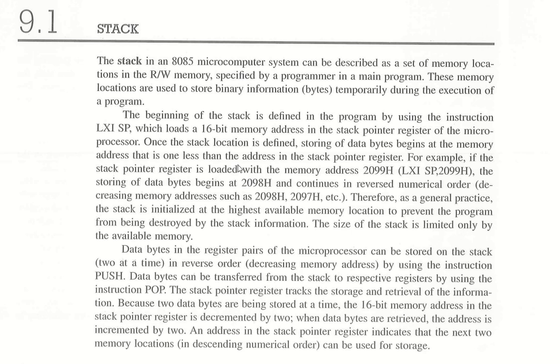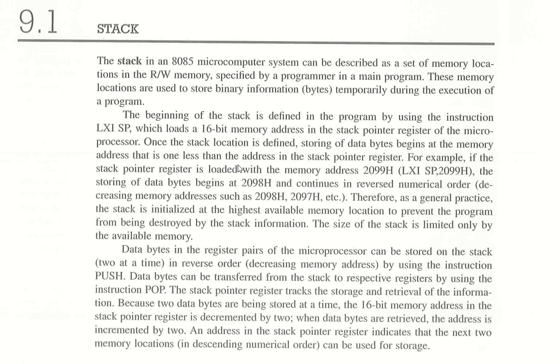And the stack pointer register tracks the storage and retrieval of the information. Because two data bytes are being stored at a time, the 16-bit memory address in the stack pointer is decremented by 2, and when data bytes are retrieved, the address is incremented by 2. Simple.